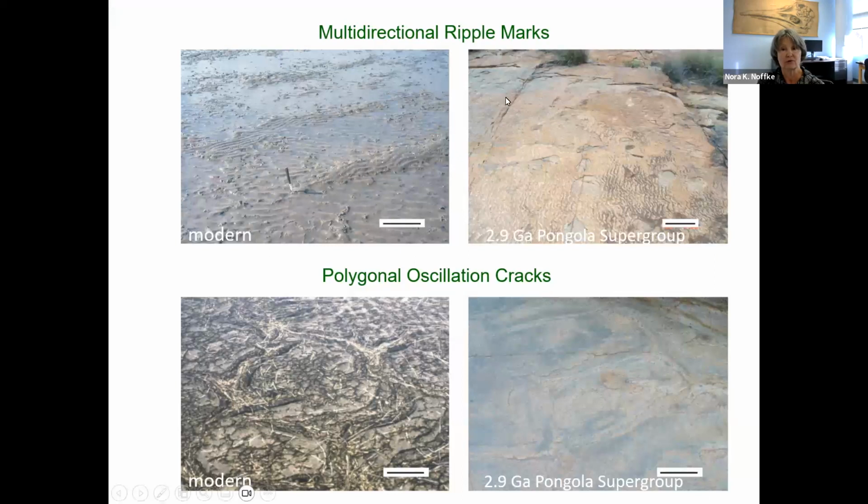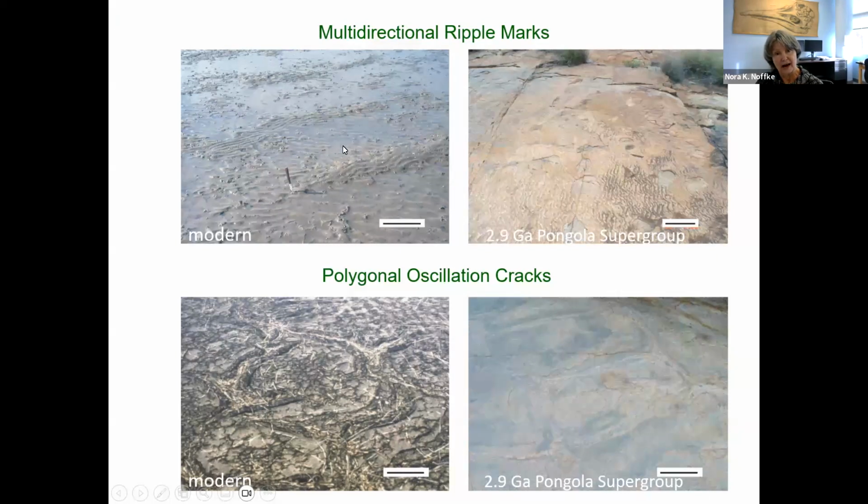Two more examples. The upper two photos show multi-directional ripple marks. On the left, we see a modern example. The scale is about 25 centimeters. You can see here a ripple mark area where the ripple marks have an orientation this way. Here is another area of ripple marks that have the same orientation, and here in the background are more.